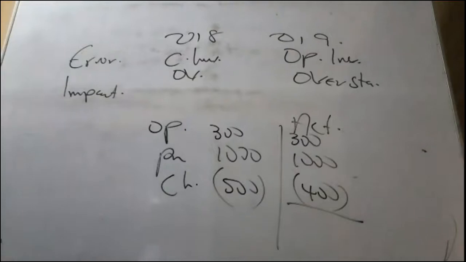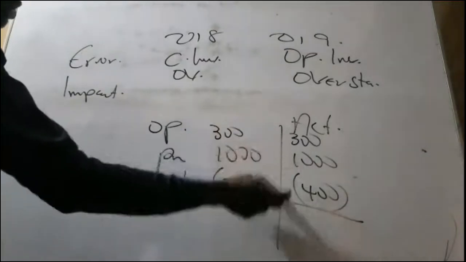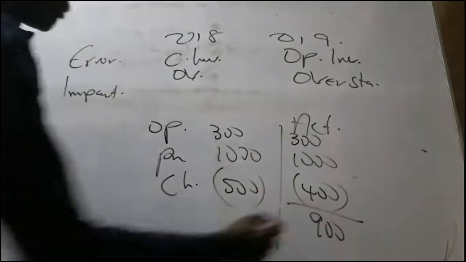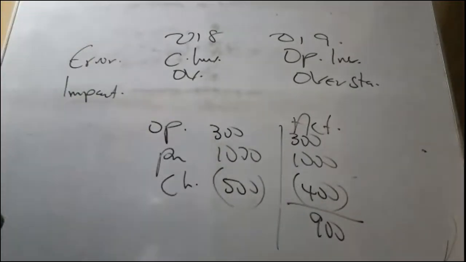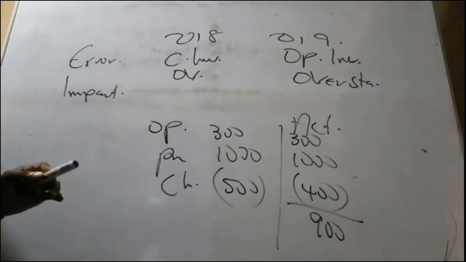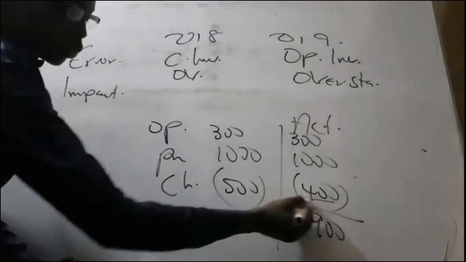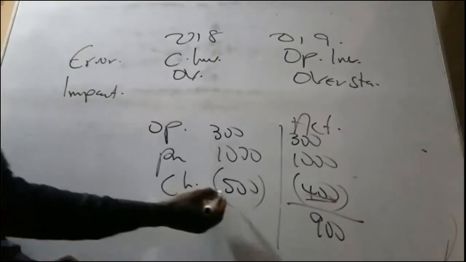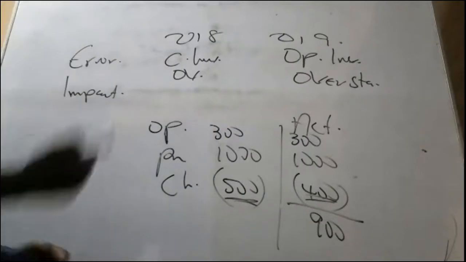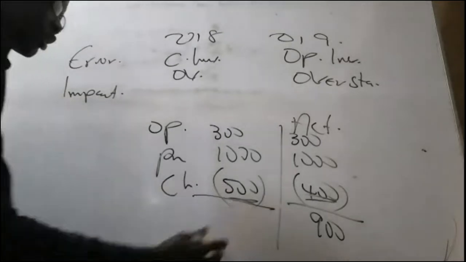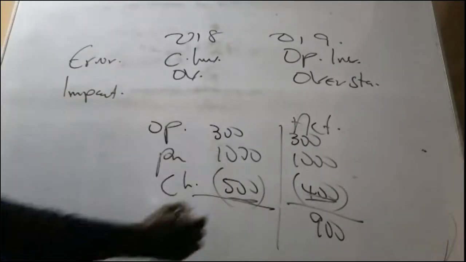So it tells us that the actual cost of sales should have been what? 900. But because of this mistake, you've added certain goods which are not in existence to your inventory. The closing inventory is supposed to be 400. But here it's 500. Why? Because certain goods has been added. Meanwhile, these goods are no longer in existence. So cost of sales here will be what? 800.